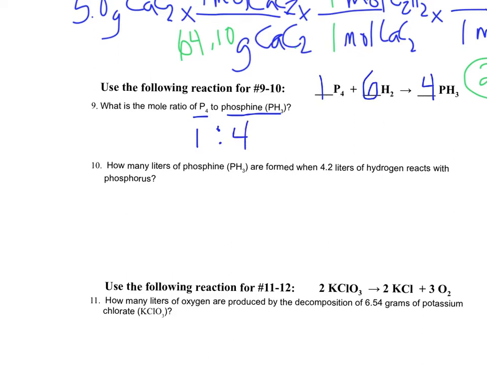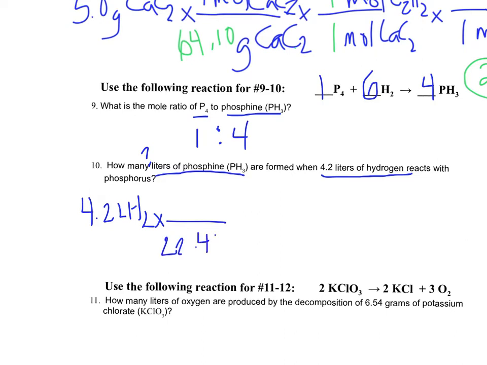How many liters? So you're looking to solve for liters of the PH3 when you start with 4.2 liters of the hydrogen. 4.2 liters hydrogen gas times 22.4 liters of hydrogen gas is equivalent to 1 mole of hydrogen gas.